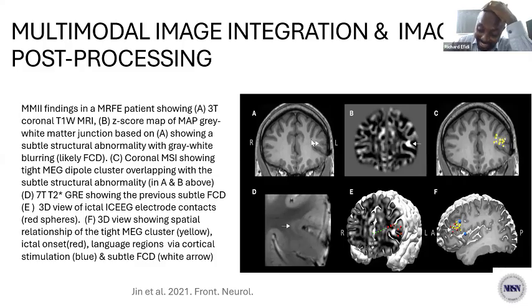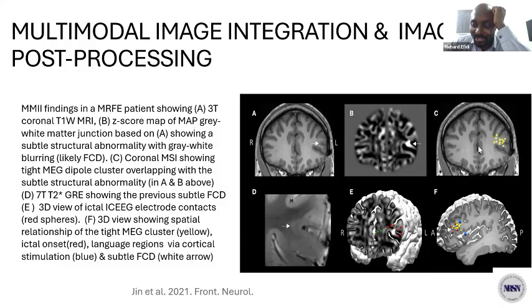So for that reason, advanced multimodal image integration with advanced processing was utilized here. And using the MAP software, or the MAP technique, the lesion was localized in the left frontal lobe.